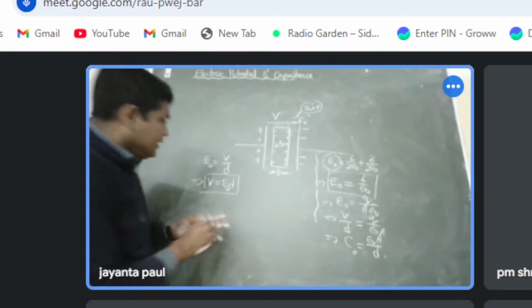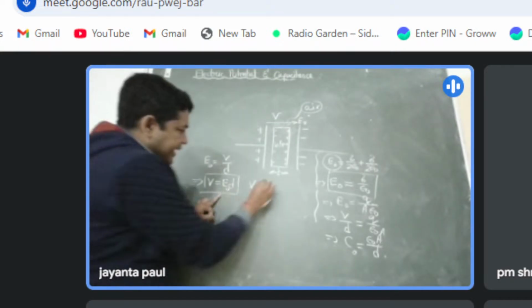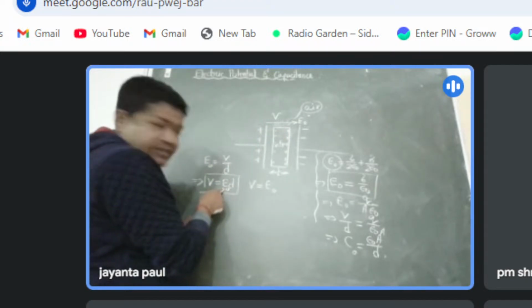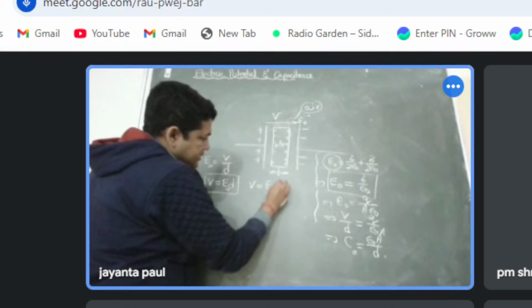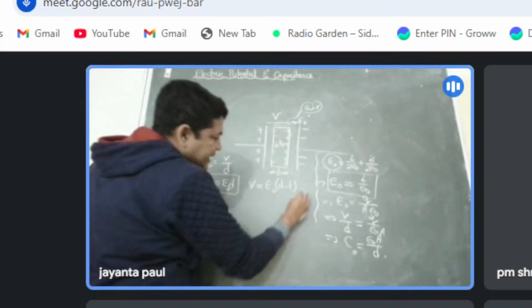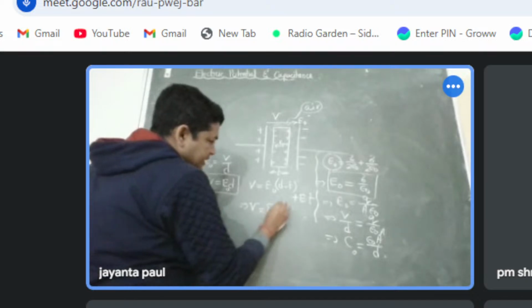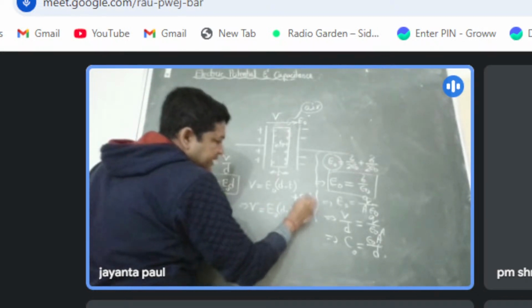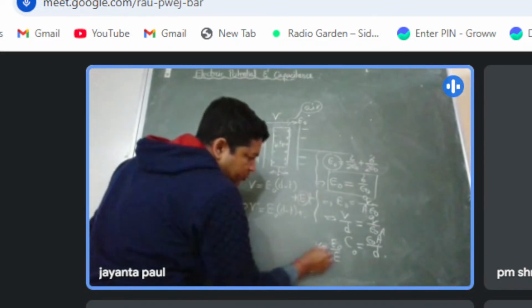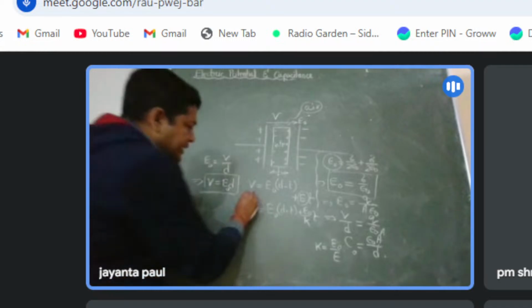For the second case, initially जब स्लैब नहीं था, V is equal to E0 into D. अभी modify हो गया, E0 है, अभी कौन सी जगह पे E0 है, except this thickness T, remaining sides we are having electric field E0, remaining side is air or vacuum, so I can write E0 into D minus T, जो remaining thickness है, और प्लस, इस T thickness में इलेक्ट्रिक फील्ड तो E है, and the thickness is T, E into T. So the modified potential is E0 (D minus T) plus E T. अब थोड़ी देर पहले पढ़ाया था डाइलेक्ट्रिक कांस्टेंट K इज इक्वल टू E0 by E होता है, तो E के जगह can I put E0 by K, E0 by K into T. So this is the modification in the electric potential when a dielectric slab is put there.